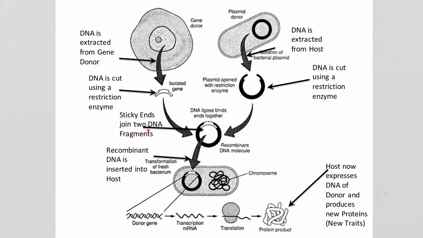And then the two sticky ends will join together, and that will be inserted back into the bacteria. The bacteria will read the human DNA and make the protein that got inserted in, or follow the instructions of that gene that got inserted in. So this is a great slide that explains the entire process of using plasmids.